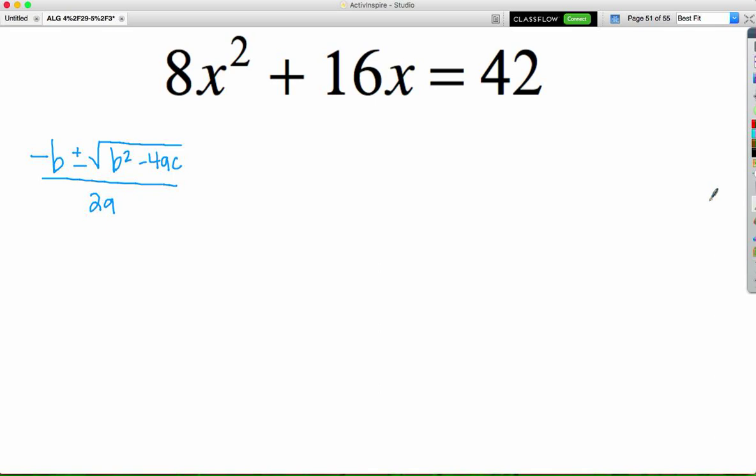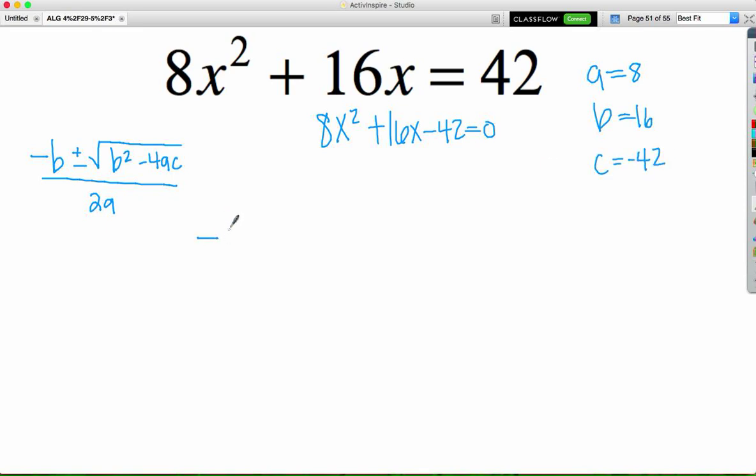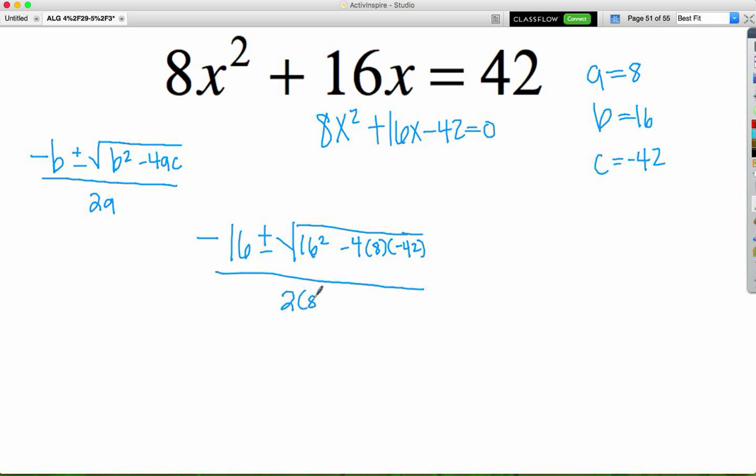All right, so we move the 42 over, so it's really 8x squared plus 16x minus 42 equals 0. So A is 8, B is 16, C is negative 42. So we've got negative 16 plus or minus the square root of 16 squared minus 4 times 8 times negative 42, all over 2 times 8.